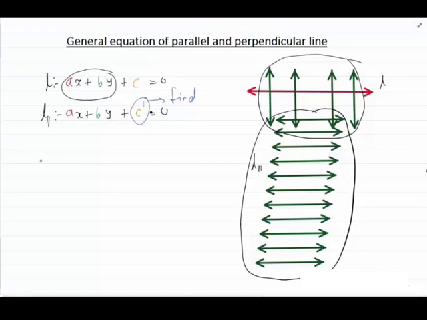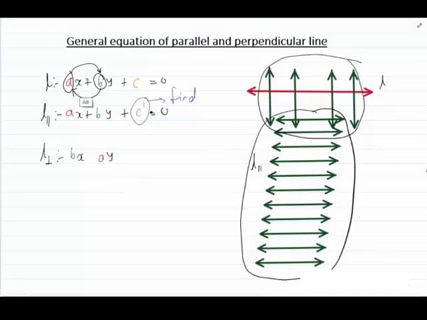Now if we have to find the equation of a line which is perpendicular to this, then we just have to change the coefficients of x and y. The coefficient of x will become the coefficient of y, and the coefficient of y becomes the coefficient of x. I mean to say the general equation of a line perpendicular to L will be bx and ay.